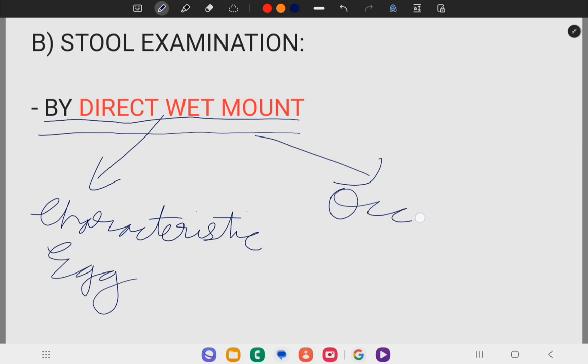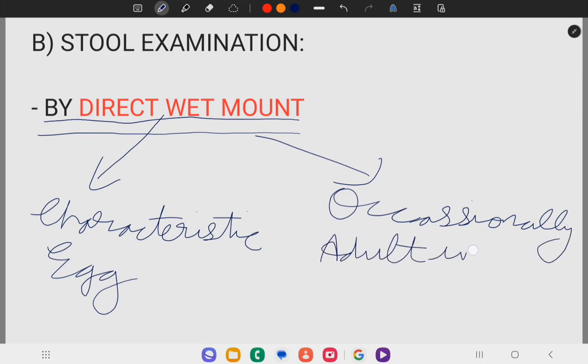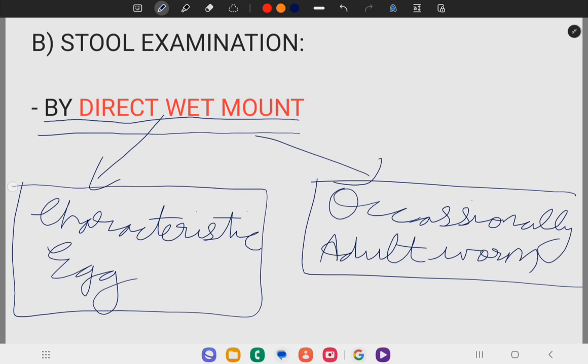As you all know, the egg is barrel shaped and it has mucus plugs at both the ends. I have discussed the features of the egg in morphology.